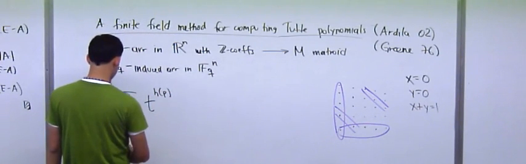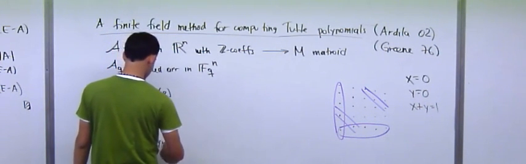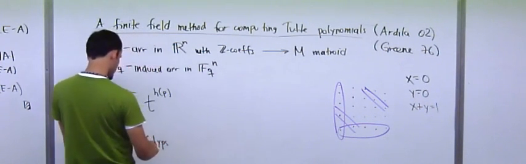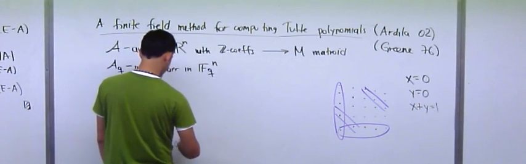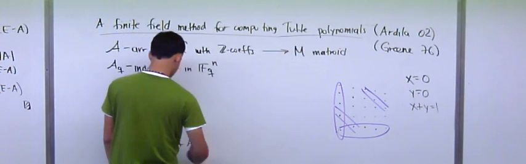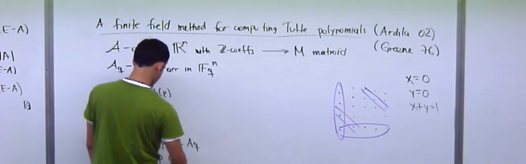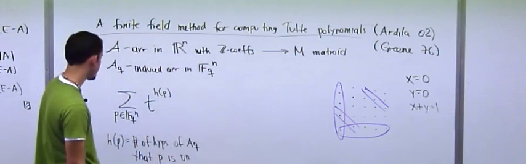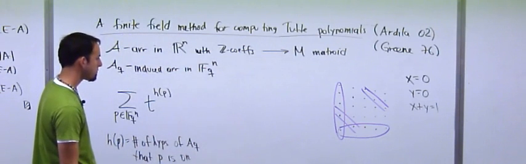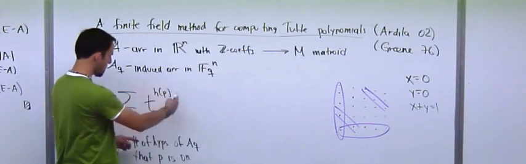So h of p is the number of hyperplanes of the arrangement that p is on. Okay.